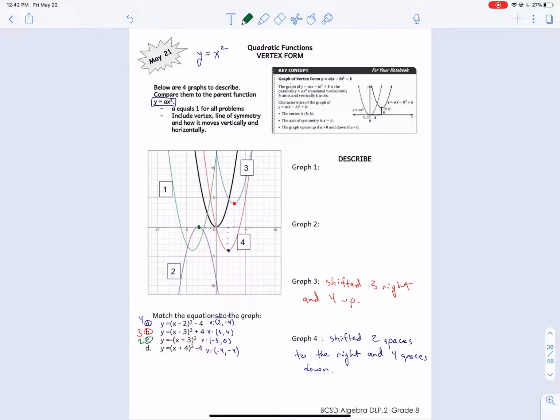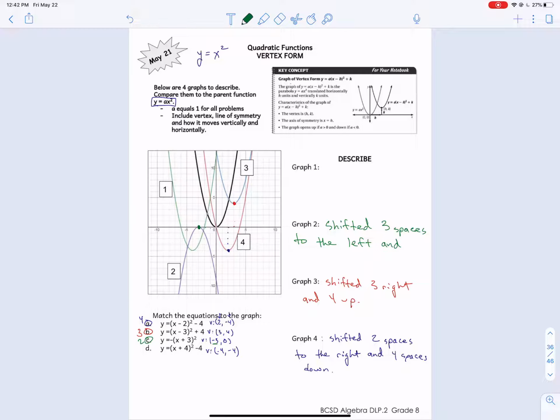So first of all, it shifted 3 spaces to the left because it was negative, to the left. The vertex value, okay, so negative 3 here. Inside the parentheses, it's going to be the opposite. So shifted 3 spaces to the left, and what else?